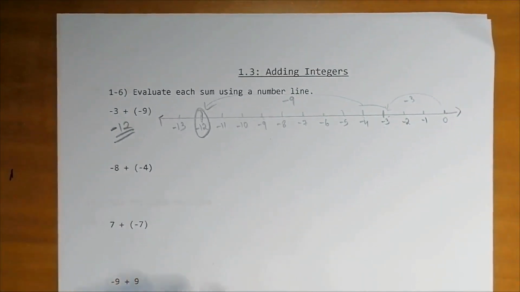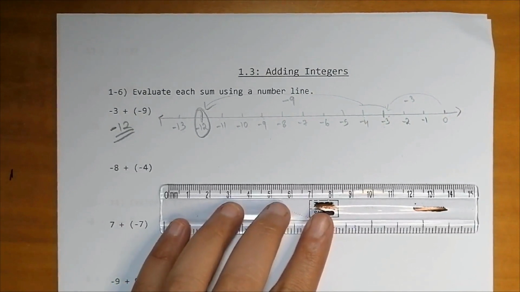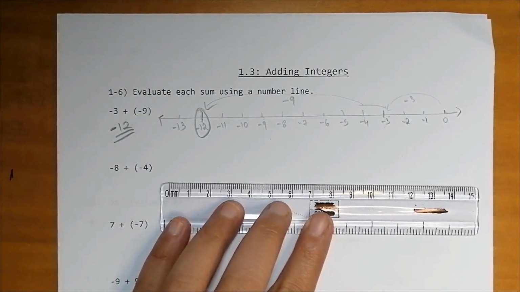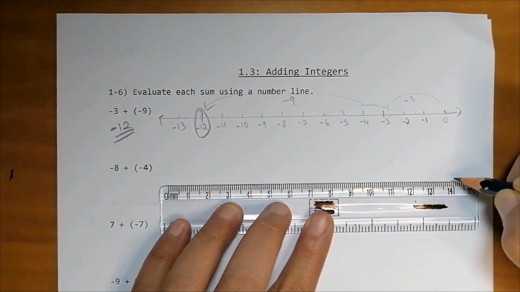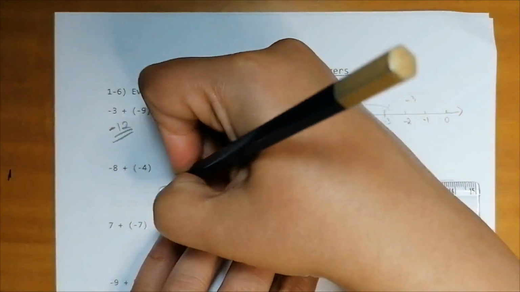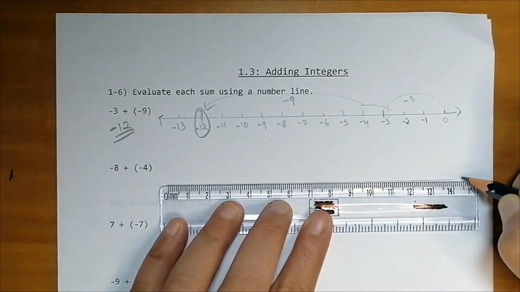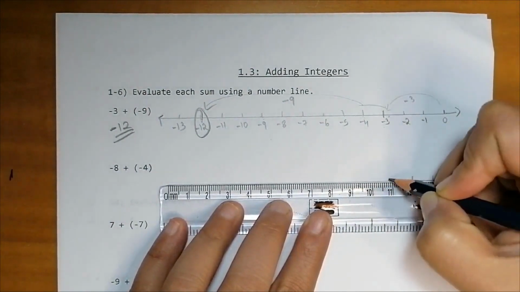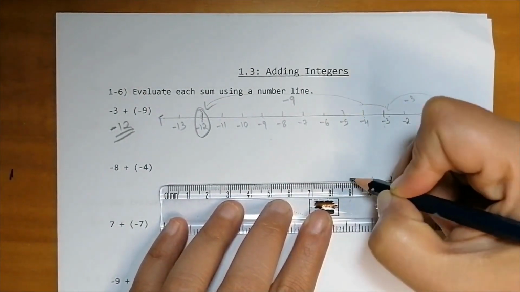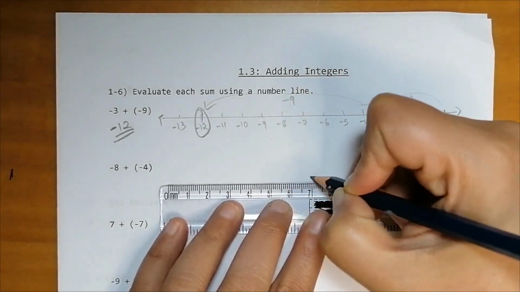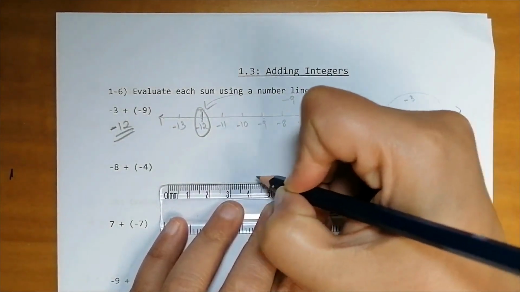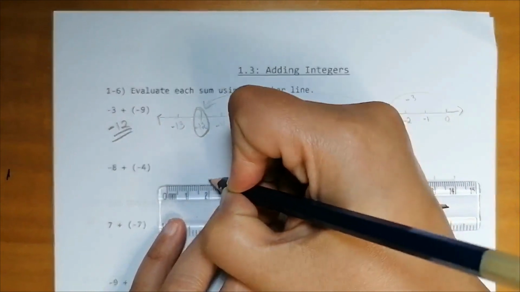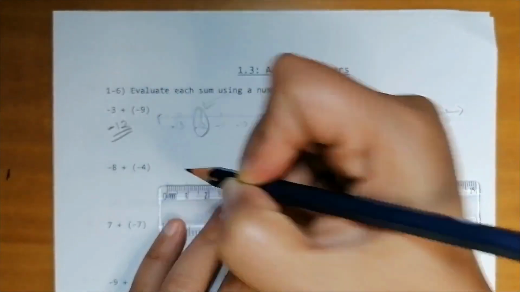So let's do the next one. It says you start from -8. Here is our number line again. Let's start marking. Each centimeter I'm taking as 1 unit, and we are almost done.